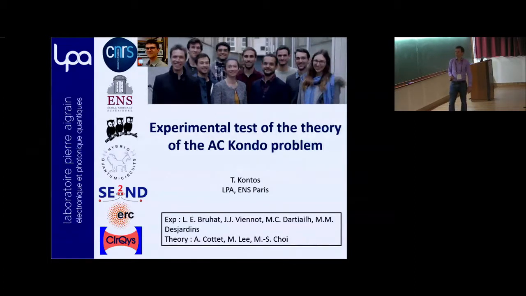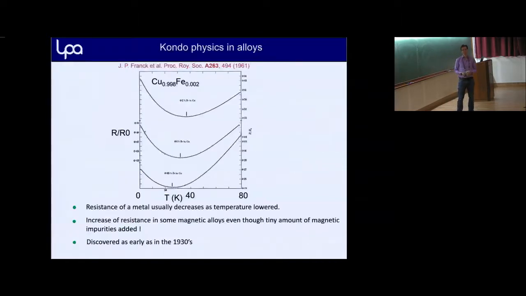So the main topic of research in this work is Kondo physics. Kondo physics is a pretty old subject already, but there are still a lot of surprises related to this very important condensed matter topic. It was first discovered in magnetic alloys.